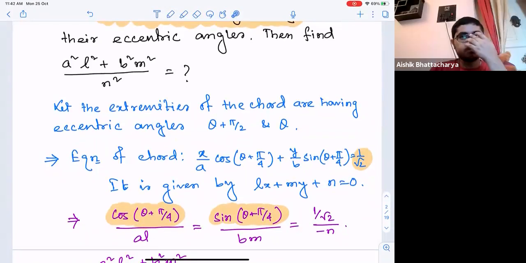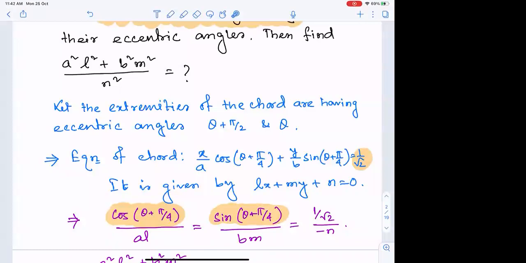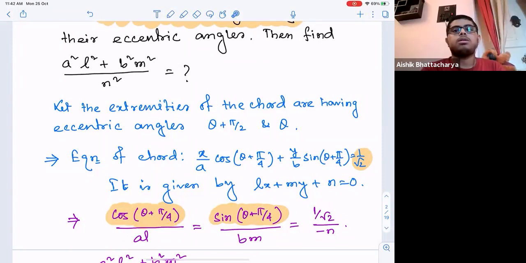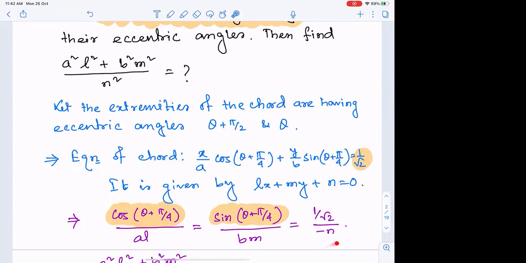So that means from here we can identify cos of (theta plus pi by 4) by comparing the first one and the last one. Cos of (theta plus pi by 4) is minus aL by n root 2, and sin of (theta plus pi by 4) is going to be minus bm by n root 2.